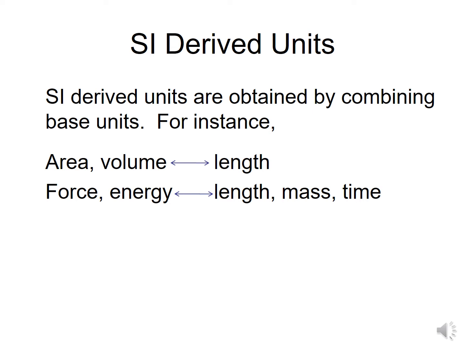So, for instance, both force and energy require a combination of length, mass, and time. Many of these derived units, in fact the majority, have specific names. So we can say that the derived unit of force is the Newton, and the derived unit of energy is the joule.